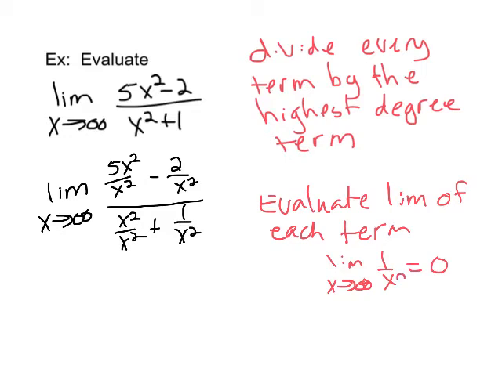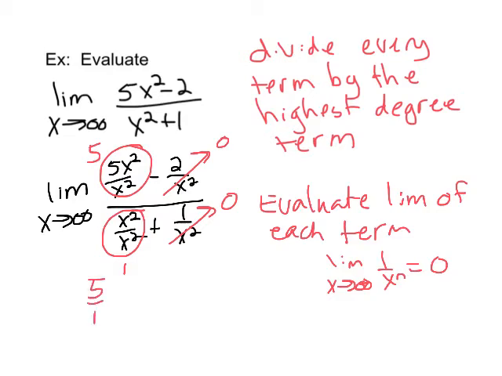And when I do that, this one would approach 0. This one would approach 0. This one simplifies to 1, and this one simplifies to 5. So when I am done, I end up with 5 over 1. So that has a limit of 5.